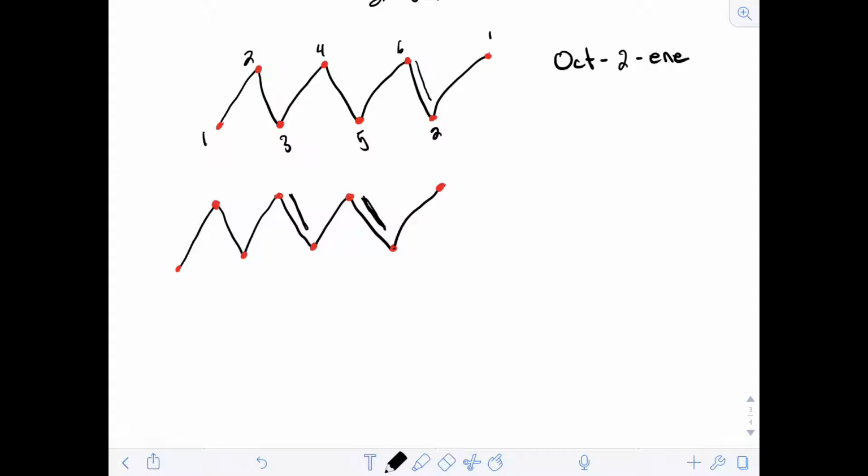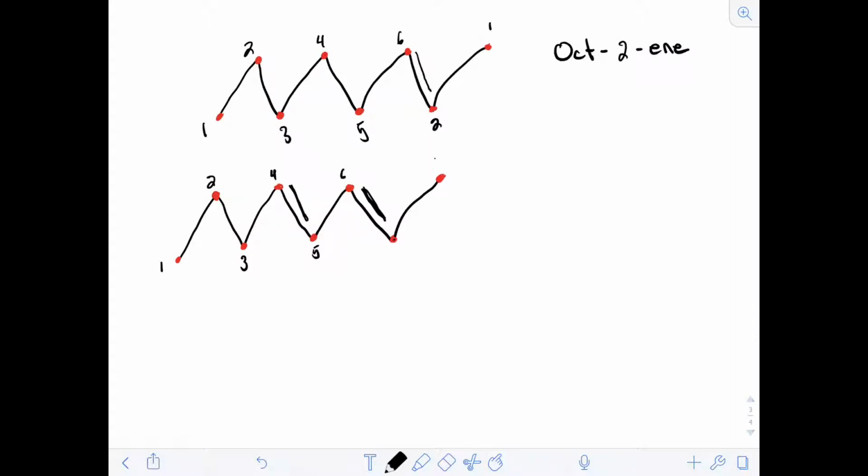So we got 2 double bonds here, so we're going to count from the left and the right side of the chain. So 1, 2, 3, 4, 5, 6. All right, and then we're going to count from the opposite way. And again, remember, we do want to get the double bonds on the lowest number possible when we name them. 2, 3, 4, 5, 6, 7.